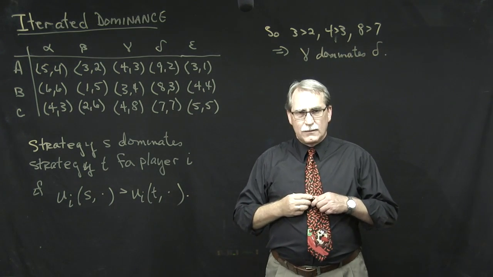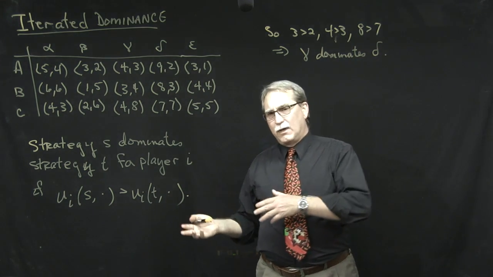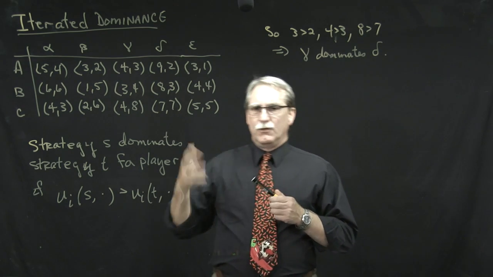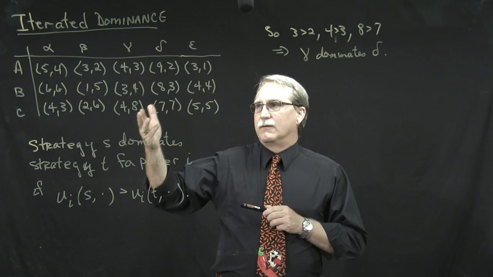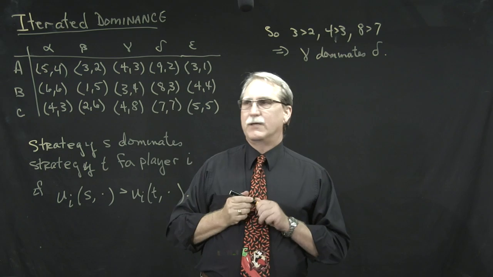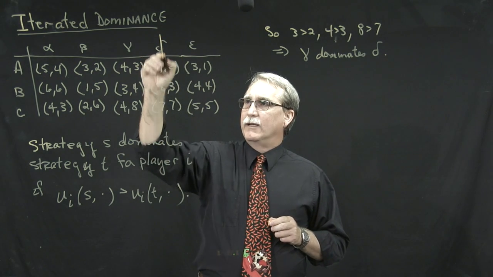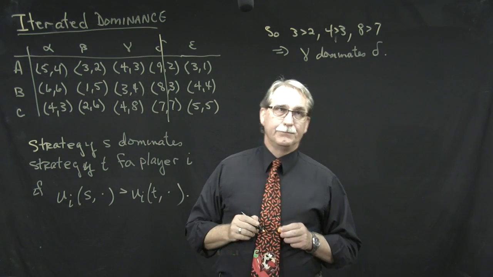What that means is a player, Colin, will never choose strategy delta because they would always get better payoffs by choosing strategy gamma. So we can eliminate this column.